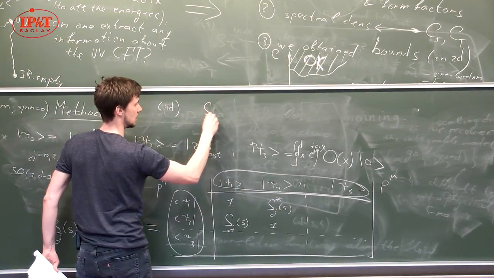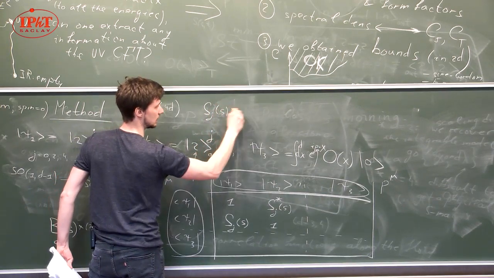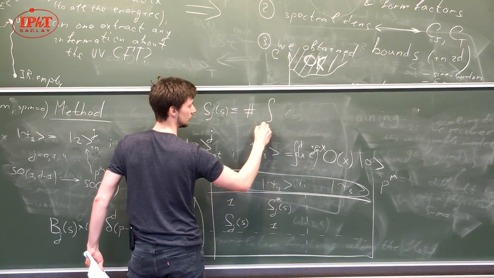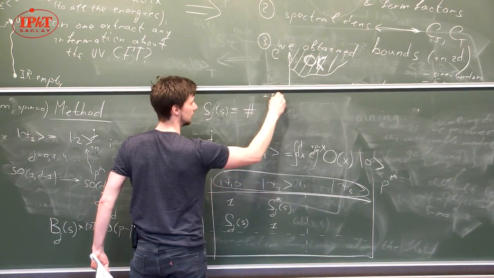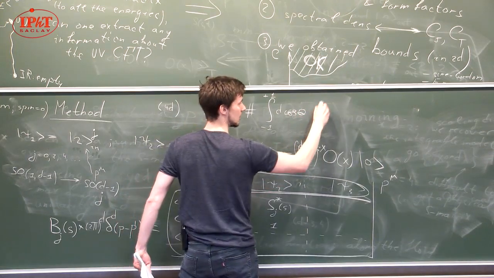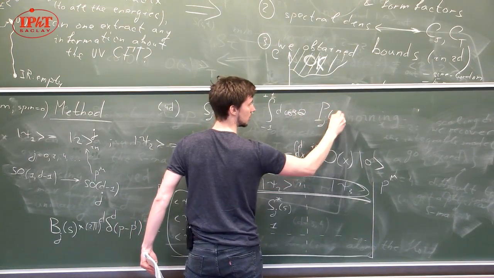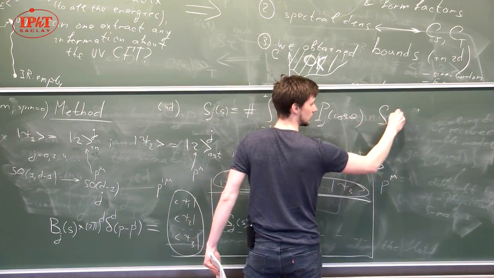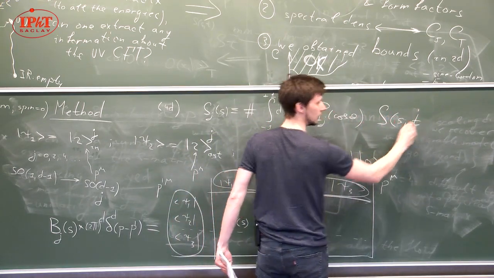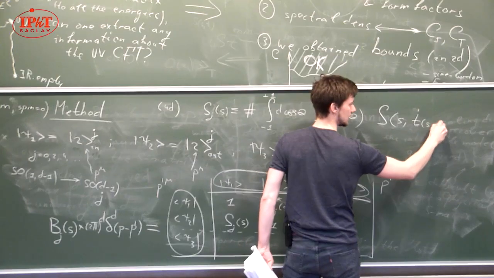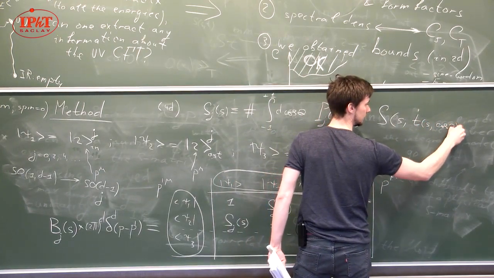So S_j of S is defined as an integral with some prefactor from -1 to +1 d cos theta, the Legendre polynomial j of cos theta, times the S matrix, which depends on S and T variable. But the T variable can be rewritten as a function of S and cosine theta.